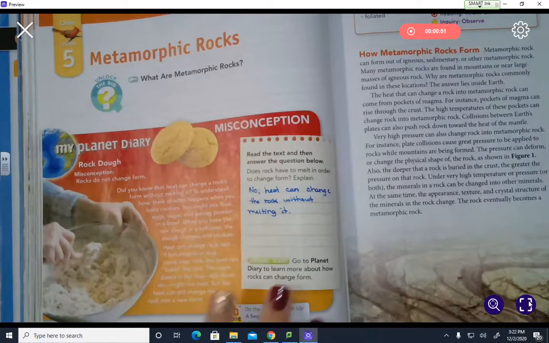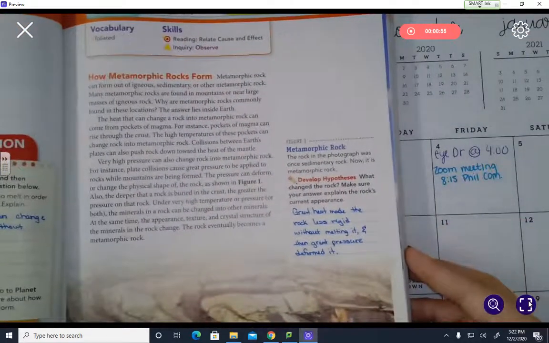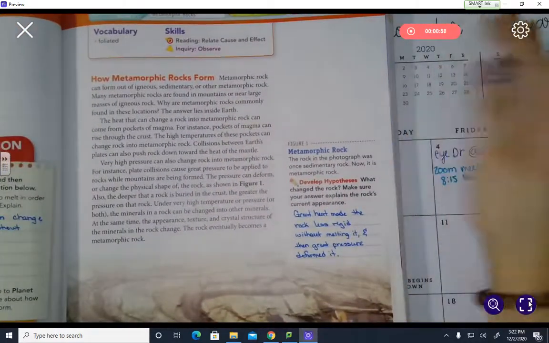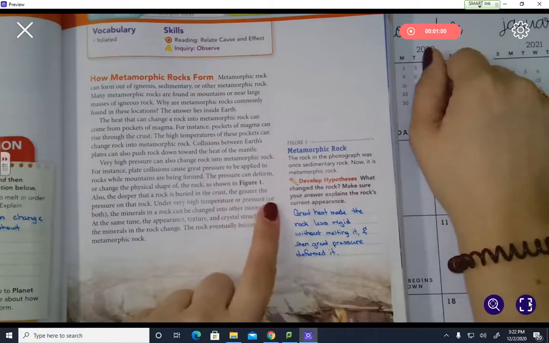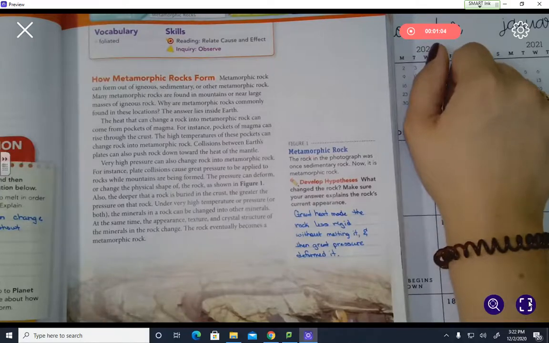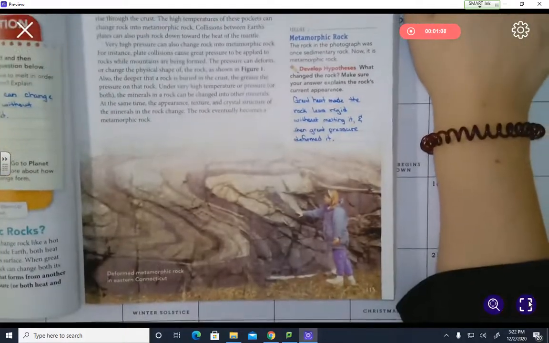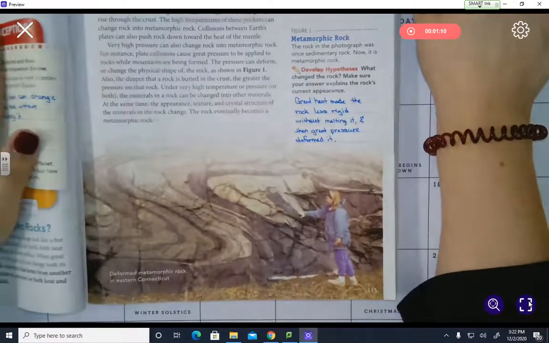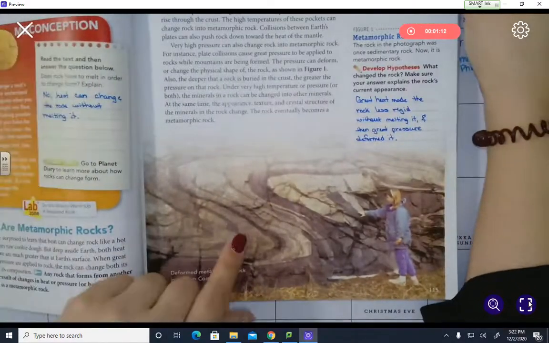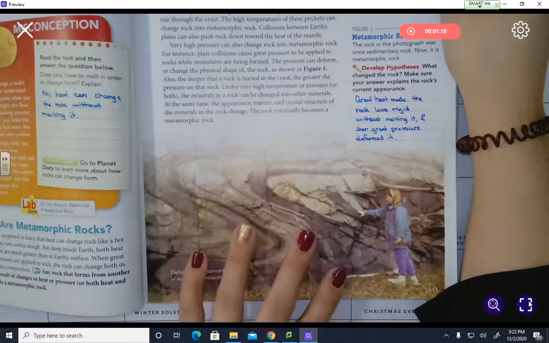Then you had to answer the question on the next page, and it says what changed the rock. It's talking about the rock right down here at the bottom of this page. It says what changed the rock, and make sure your answer explains the rock's current appearance.